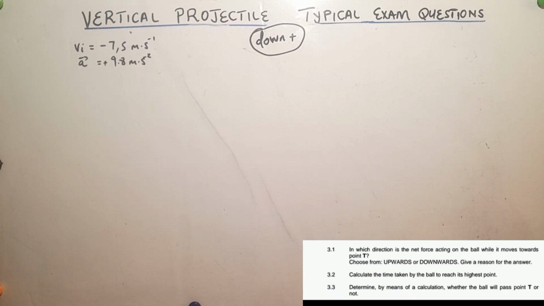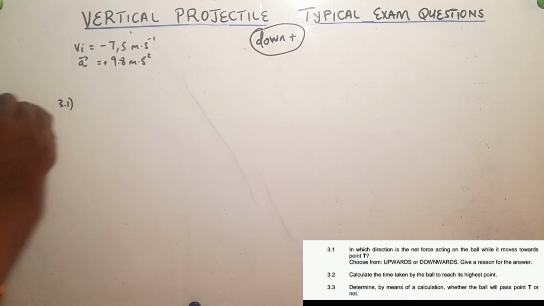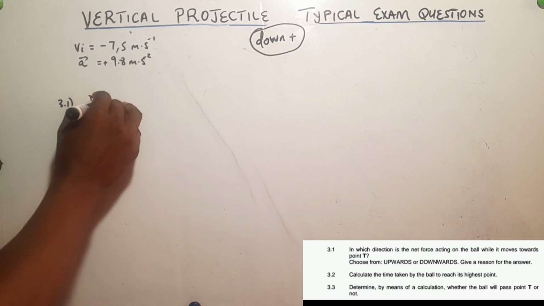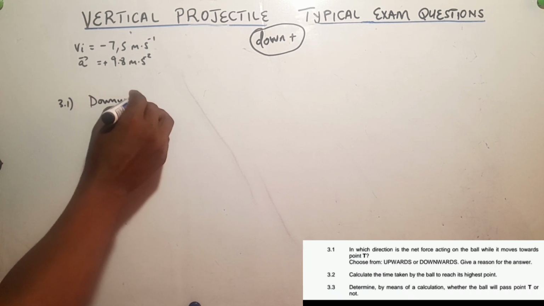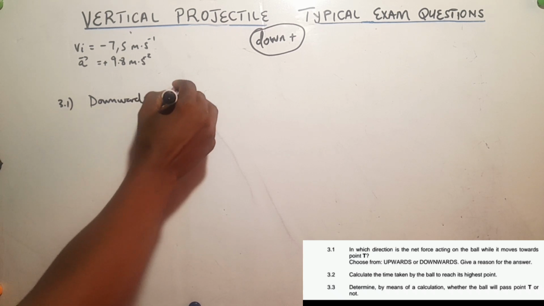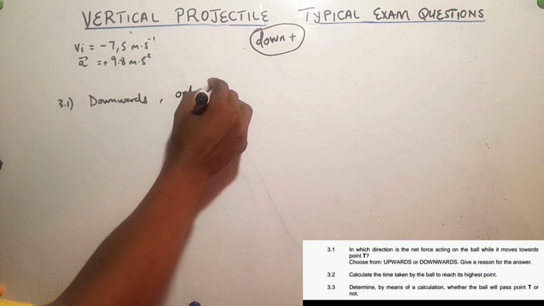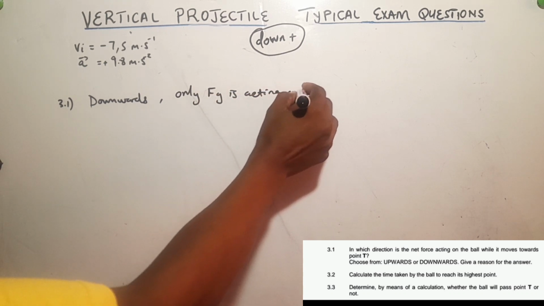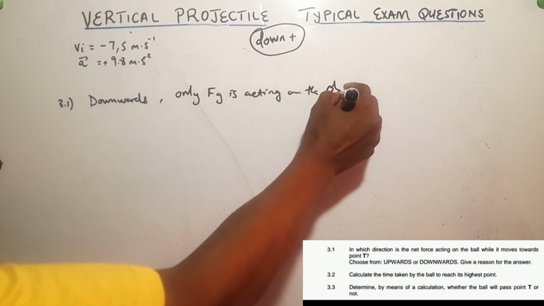So in the first question they said, in which direction is the net force acting on the ball while it moves towards point P? So the direction of the net force is downwards. And the reason why it is downwards is because only Fg is acting on the object.